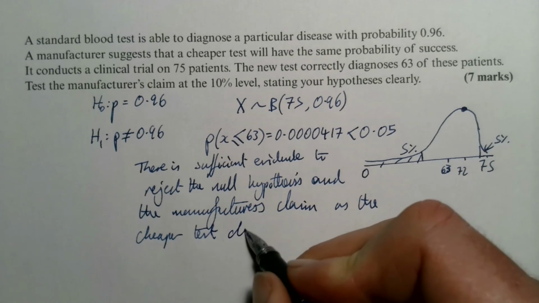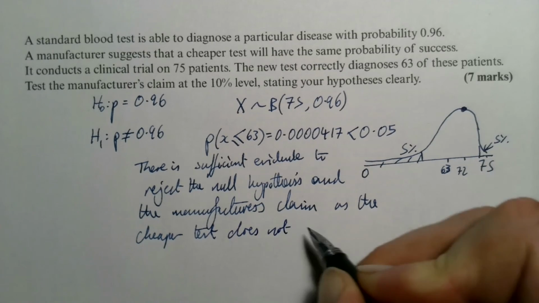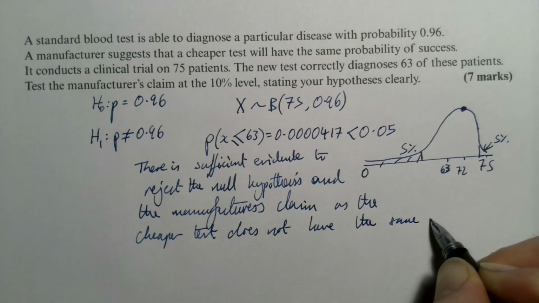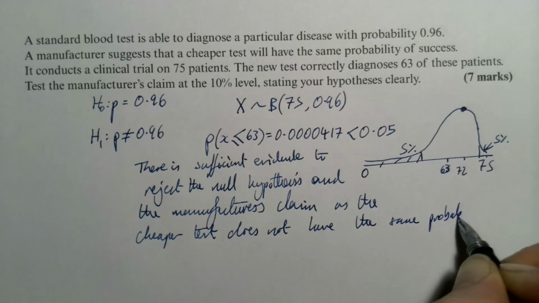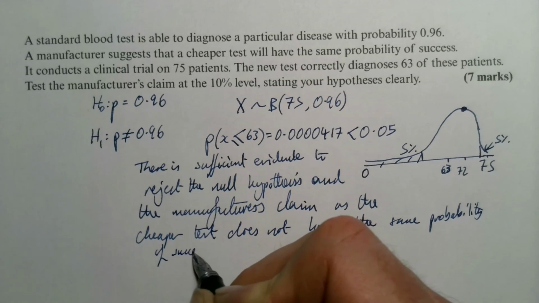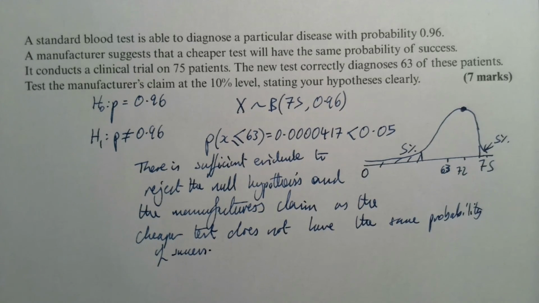Does not have the same probability of success. It's still telling quite a few people that they've got this problem, but you really want to be a bit more sure than that, don't you? 63 is nowhere near 96% of 75, and it's not as good.